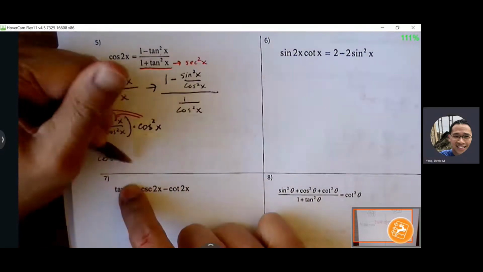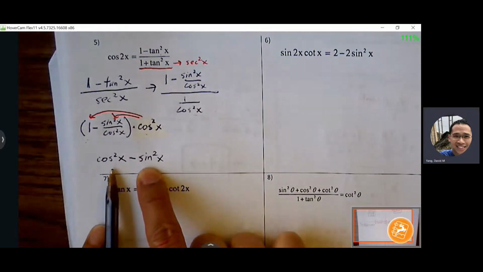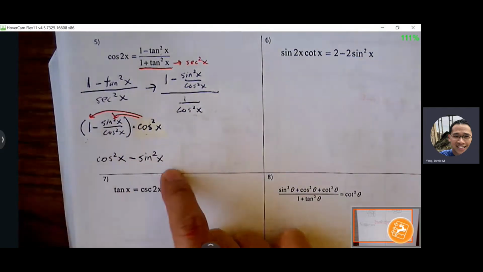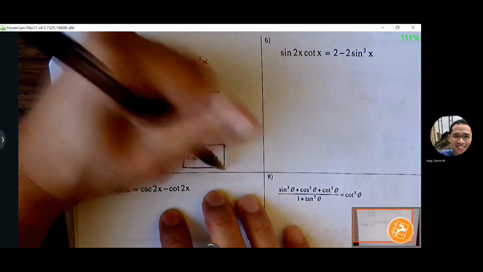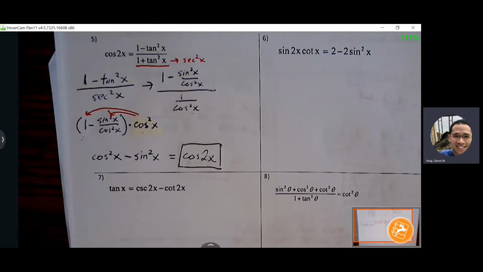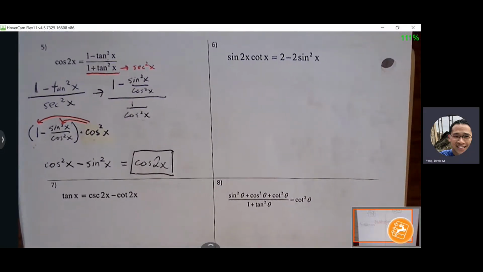Numerator denominator goes away. Okay, will that take me to the end? Is this an identity? Yes. That's one of the options, right? One of the options for cosine 2x is cosine squared minus sine squared x. Okay, try number 6.